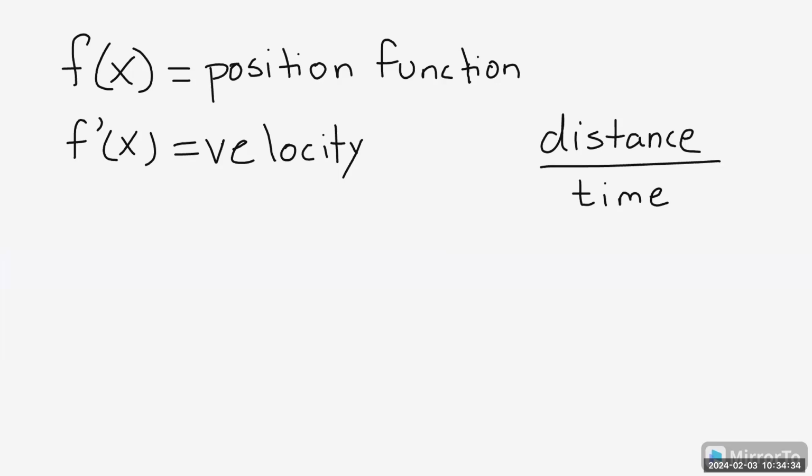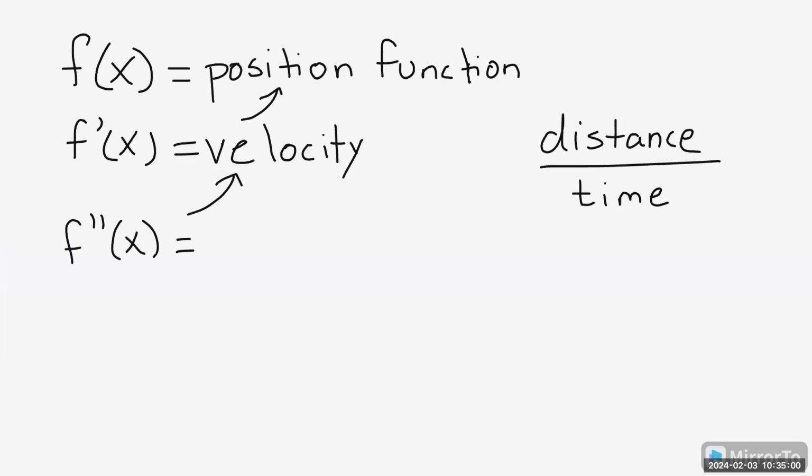And then the second derivative, or the derivative of the derivative, represents the rate of change of velocity. Like velocity is the rate of change of the object that's moving, right? And then the second derivative represents the rate of change of velocity.